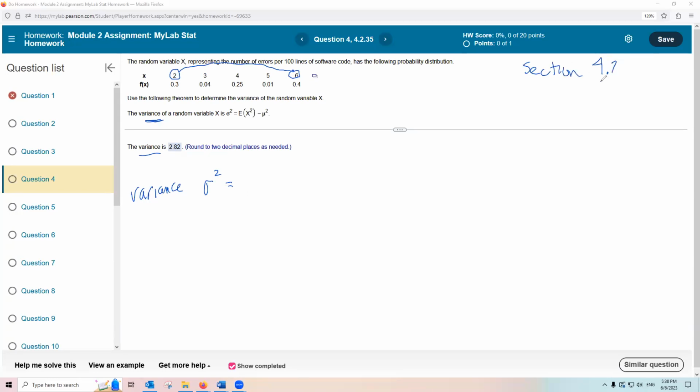The formula for the variance of a discrete distribution like this is you have to take the expected value of X squared minus the mean squared. All right, let's do the mean because that's going to be the easiest part. If you remember, we just did an example like this. The mean is the sum of x times its f of x value. So let's just work it out. The x value is 2 times its f of x value, 0.3, then 3 times 0.04.